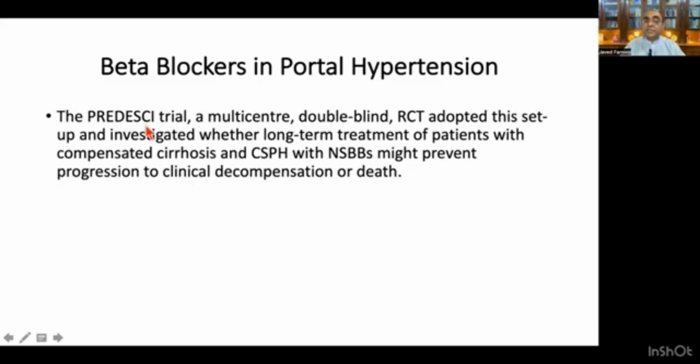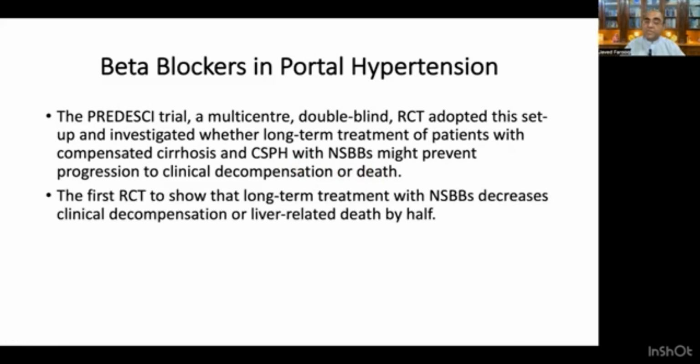In this trial, the question was whether long-term treatment of patients with compensated cirrhosis and clinically significant portal hypertension with non-selective beta blockers can prevent progression to clinical decompensation or death.